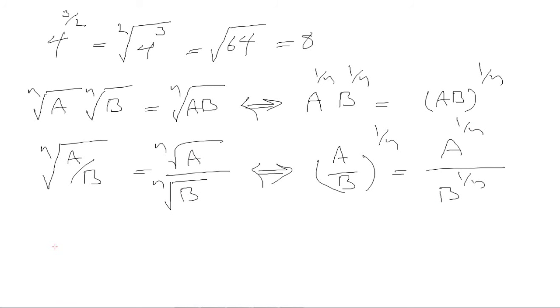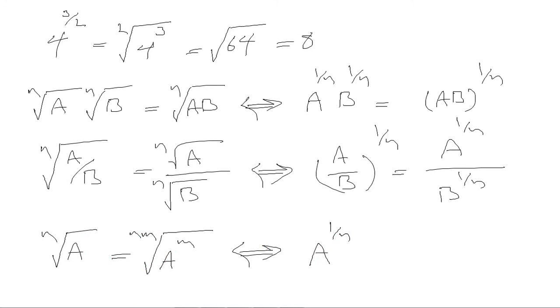And we also have this one, radical a index n is equal to the radical a to the power of m index nm. This is equivalent to a to the power of 1 over n is equal to a to the power of m over nm, which is obviously true because I can cancel the m from the numerator and from the denominator, and I get a to the power of 1 over n.